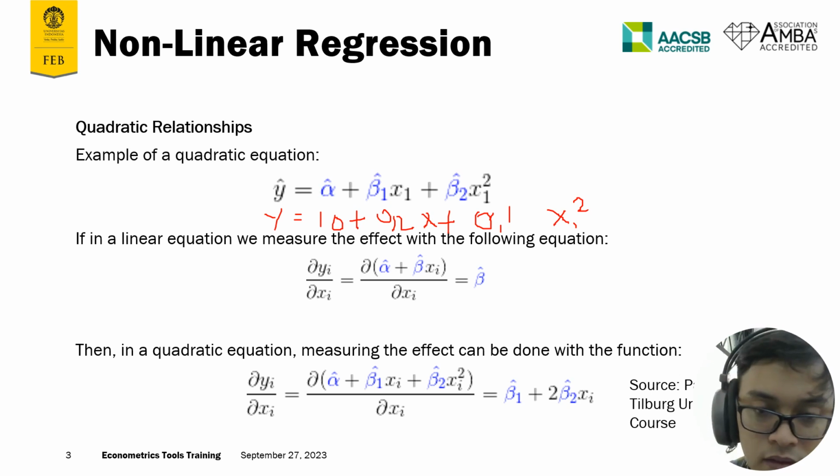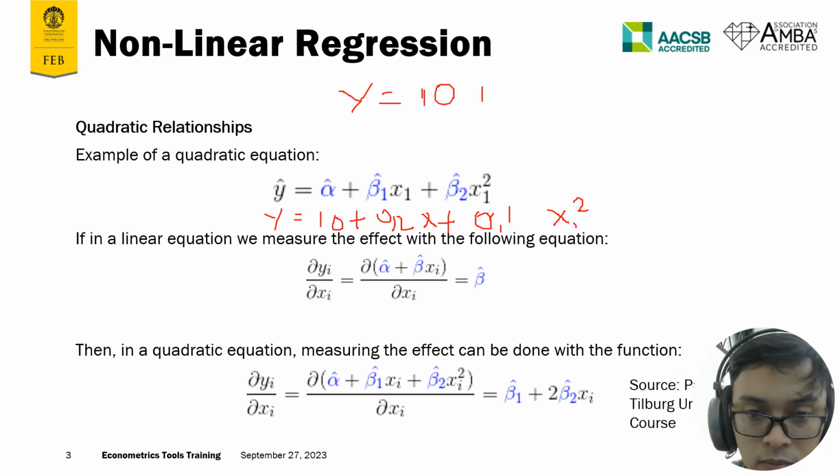Here, if you want to know how much is the y, for example, if the x is 1, then the y is 1 multiplied by 10 plus 0.2 multiplied by 1.